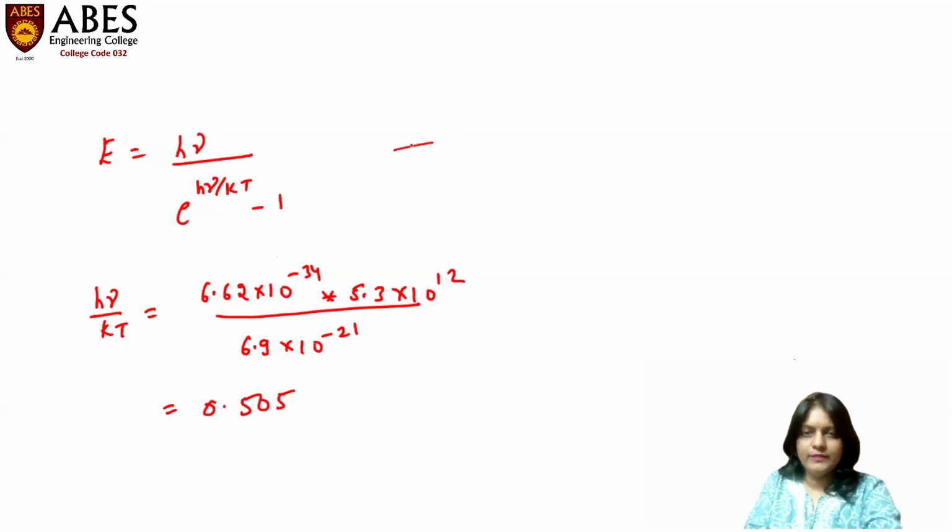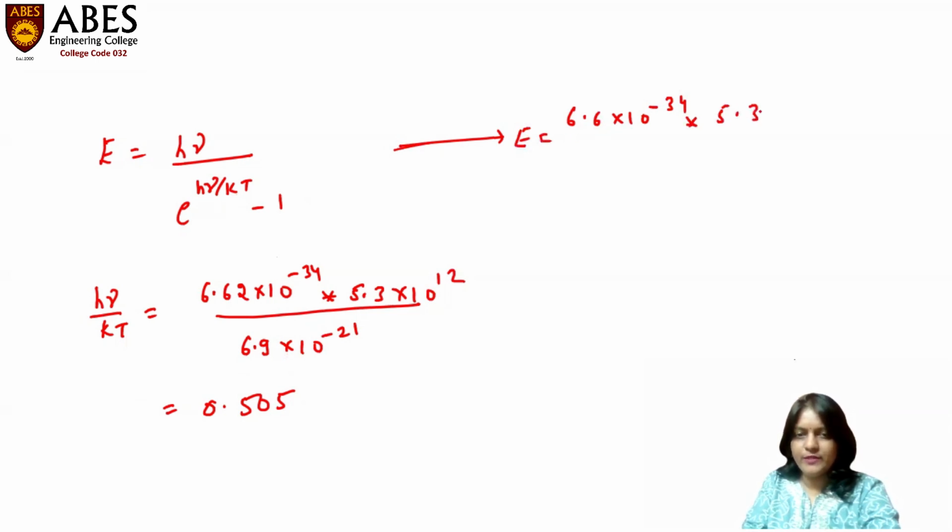Put this value here. hν is 6.6 × 10^-34 times ν, which is 5.3 × 10^12. This is hν upon e raised to the power hν by kT, whose value is 0.505, minus 1.